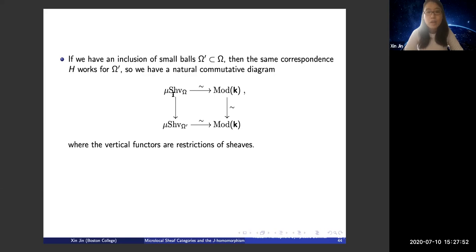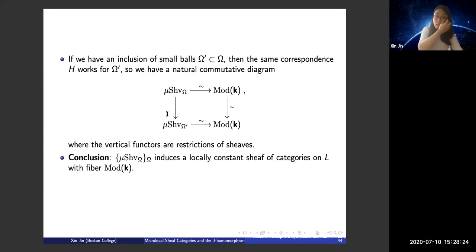So when you build this equivalence, where you transform your omega into a standard picture, the same holds for this omega prime. On the right-hand side, this restriction is the obvious restriction from a bigger hypersurface to a smaller smooth hypersurface. Because this is a commutative diagram, this shows that this restriction functor is an equivalence as well.